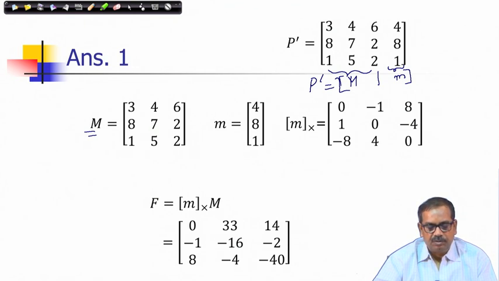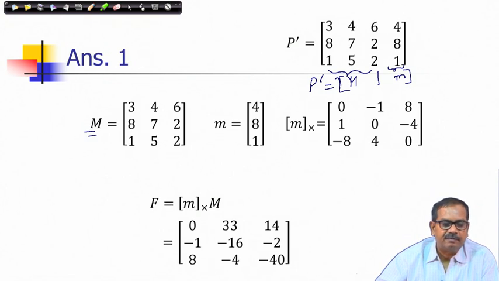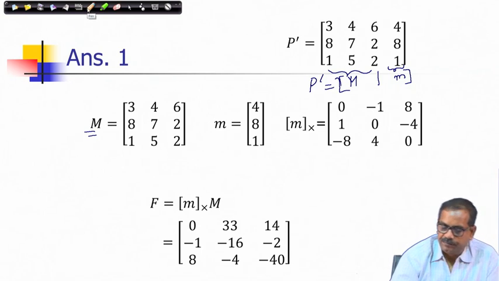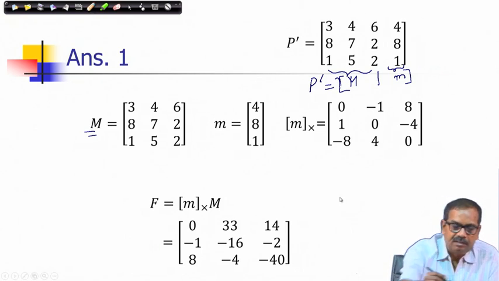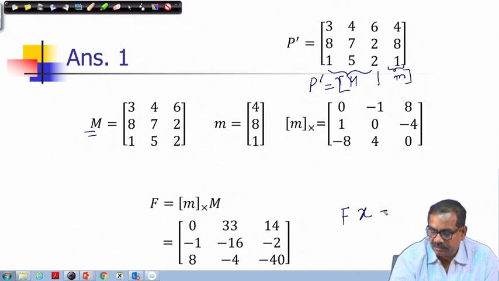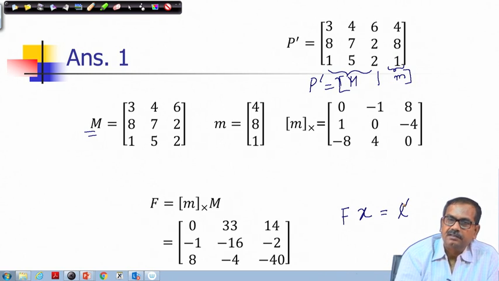One thing you should note is a property of the fundamental matrix that I need to discuss here. As I mentioned, if I consider any image point x and multiply with F, then you get the corresponding epipolar line in the right image plane.